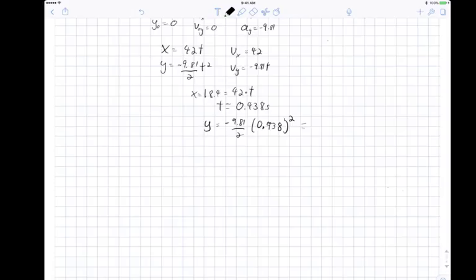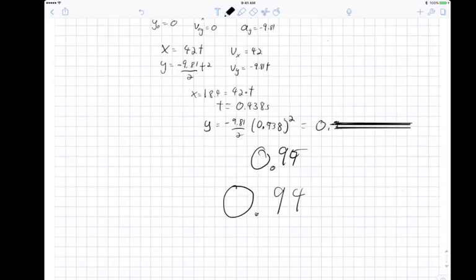So it's going to be 0.94 meters. That's the answer.